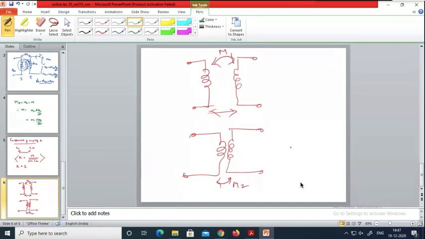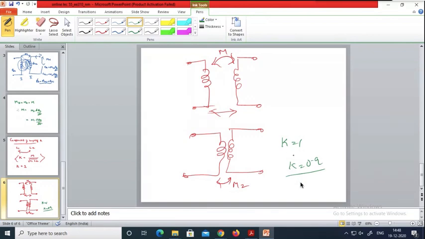So when K is equal to 1, that means they are tightly coupled, very close to each other, and all the flux generated in the first coil would be linking to the other coil. If K is equal to 0.9, that means 90% of the flux produced in the first coil links the second coil. That is how you can understand it.